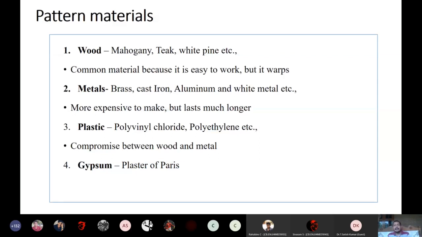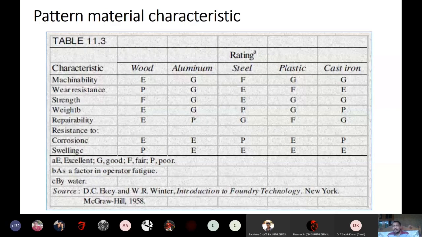So if we compare the pattern material characteristics, this will give you an overall idea about materials like wood, metals and plastic. Machinability is excellent in the case of wood, whereas you can see the wear resistance is poor in the case of wood.